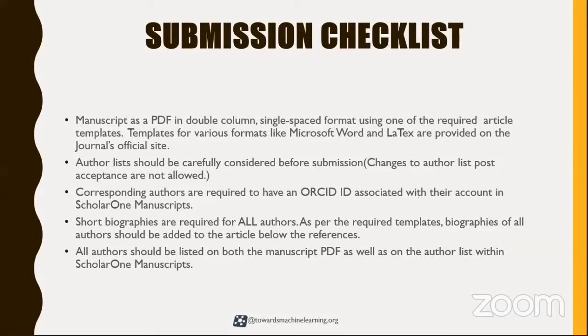Let me tell you what this ScholarOne Manuscripts is. ScholarOne Manuscripts is the market leader in peer review software, used by over 365 societies and publishers, with authors submitting over 1.3 million manuscripts to journals online every year worldwide.